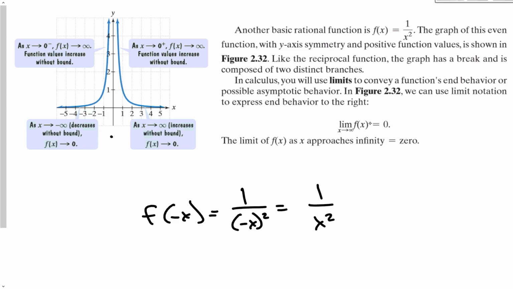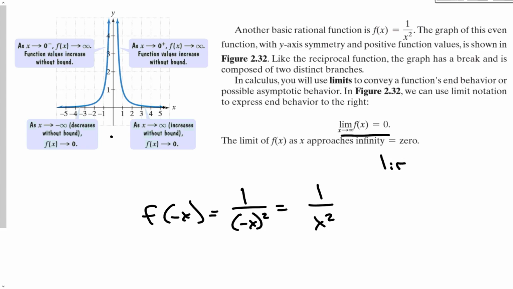Now we can talk a little bit more about limit notation. In calculus, you will use limits to convey a function's end behavior or possible asymptotic behavior. We can use limit notation to express the end behavior to the right. The limit as x approaches infinity is 0, because I can see it's getting closer and closer there.